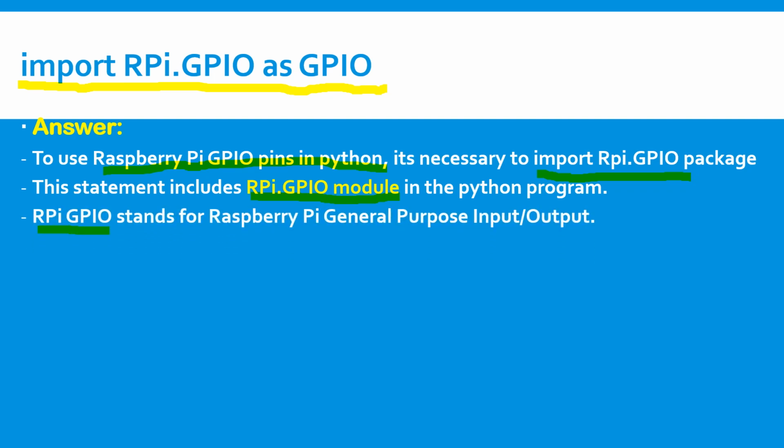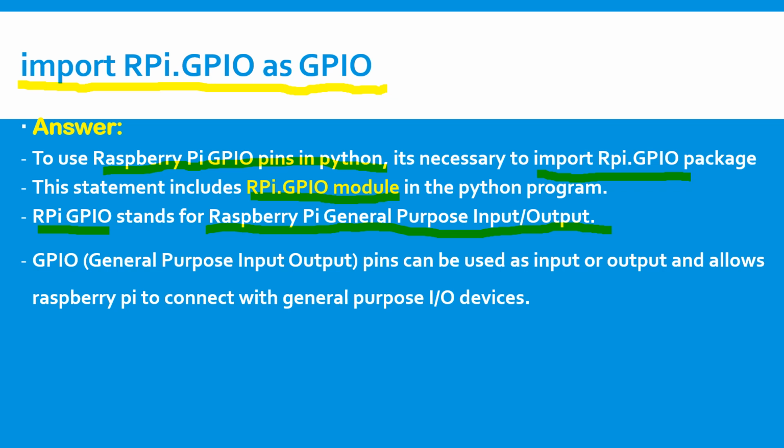RPi.GPIO stands for Raspberry Pi General Purpose Input Output. So this function is basically used to import the RPi.GPIO module because we want to use Raspberry Pi GPIO pins in the Python program.